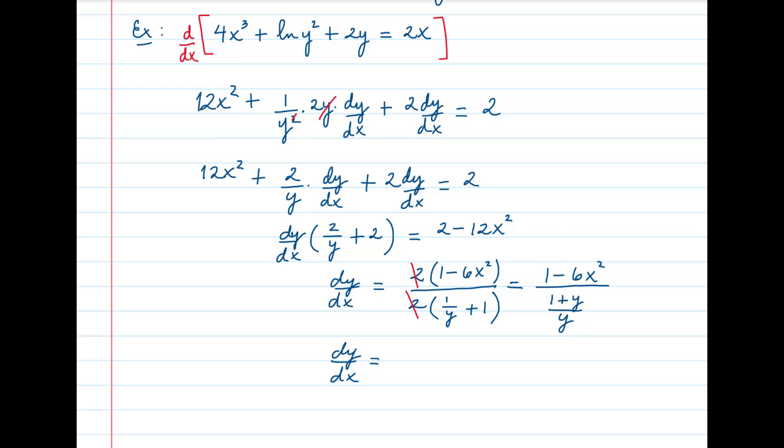So again, just combining the denominator there, I get 1 plus y over y, and then rewriting it as just one fraction, I end up with this. The y ends up multiplying the 1 plus, and that should be a minus, guys, minus 6x squared divided by 1 plus y.